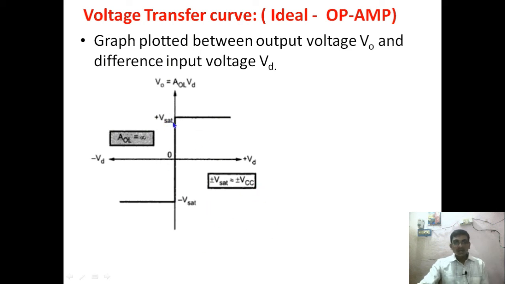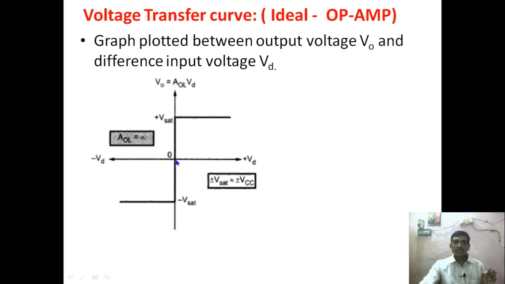Here one thing you have to observe: for an input just greater than 0 volts, the output is equal to the plus V saturation voltage. And for an input just less than 0 volts, minus 0.1 is enough to drive the operational amplifier output to minus V saturation.